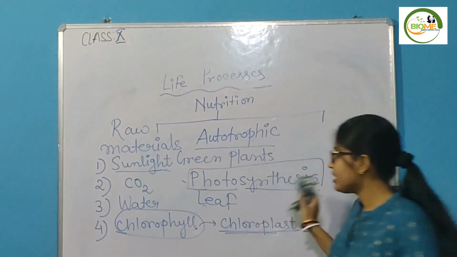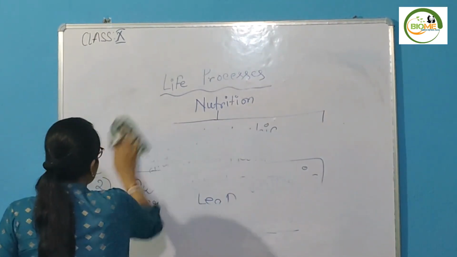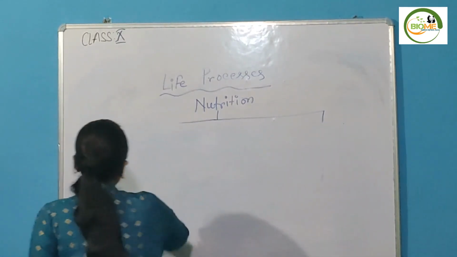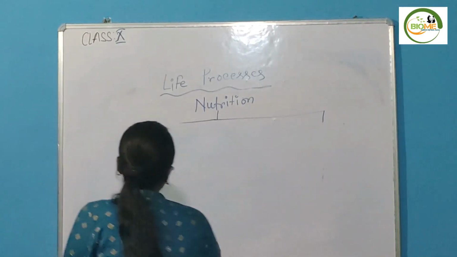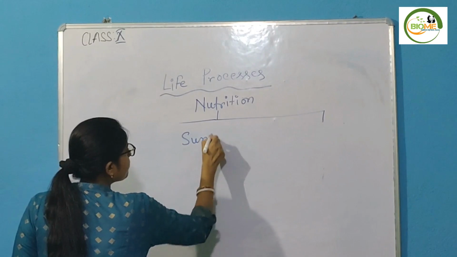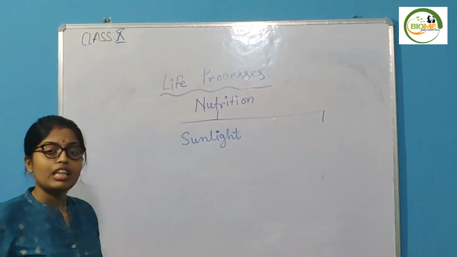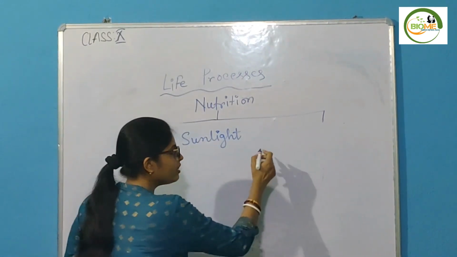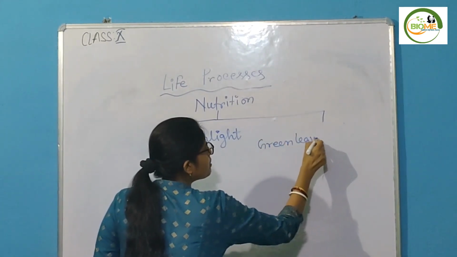Now, see how the process goes on. The first thing is sunlight. This sunlight is trapped by the green leaves.